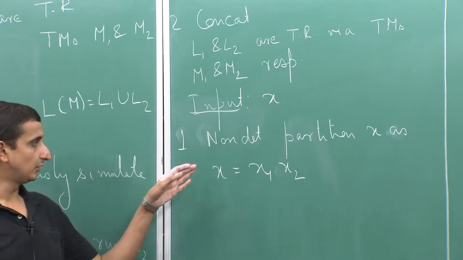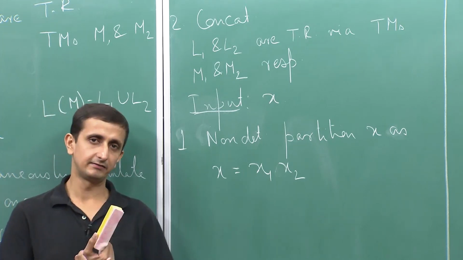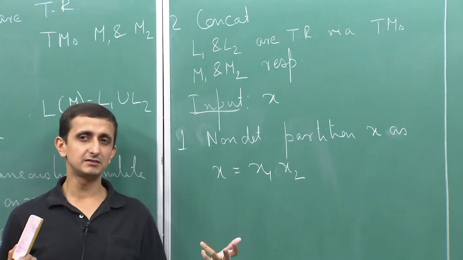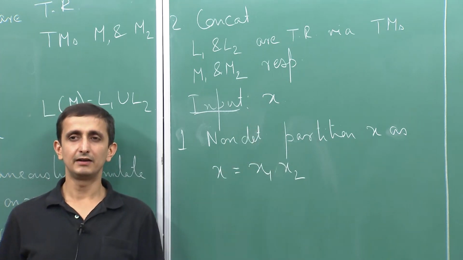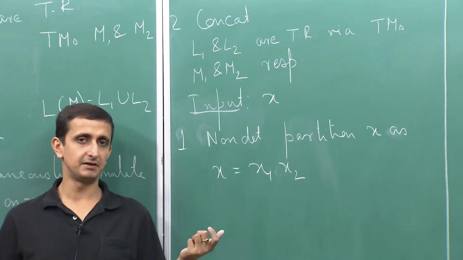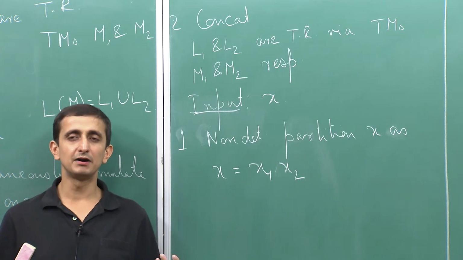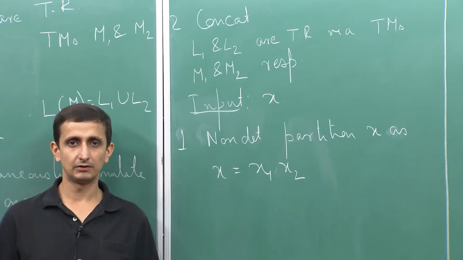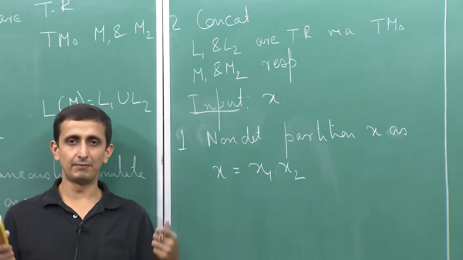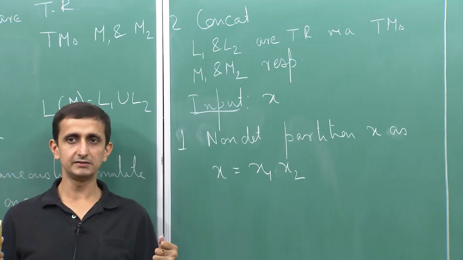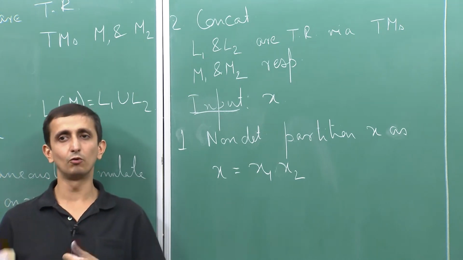What do we mean by doing this non-deterministically? How do we write a non-deterministic algorithm that does this? The algorithm will look at the length of x. Let us say the length of x is 85. It will guess a number between 0 and 85, by guessing a sequence of binary symbols such that the symbols give a number that is not more than 85.